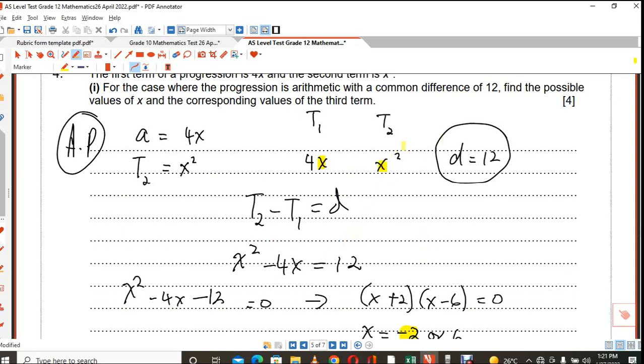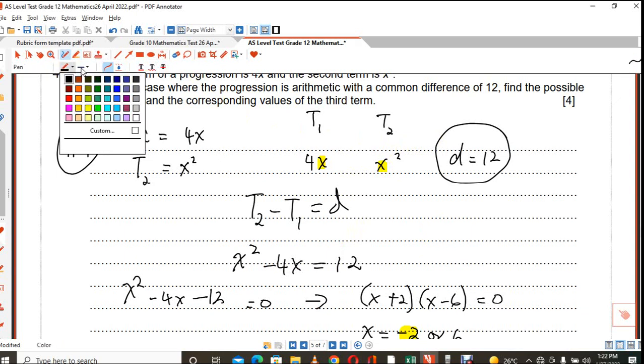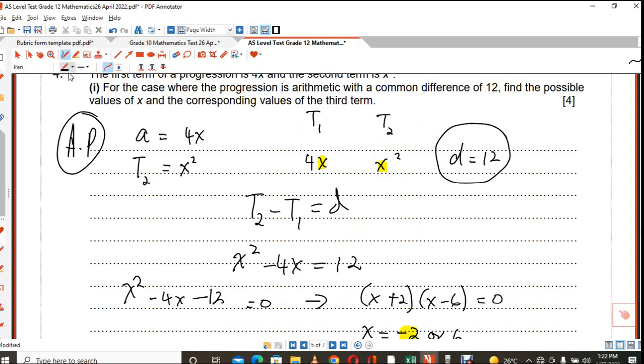So we are looking for our third term. We know what x is. First term, x is negative 2. You agree? Second term, x is 4. Third term, the difference between these must be 12, right? So how do you find the third term? You just add 12.